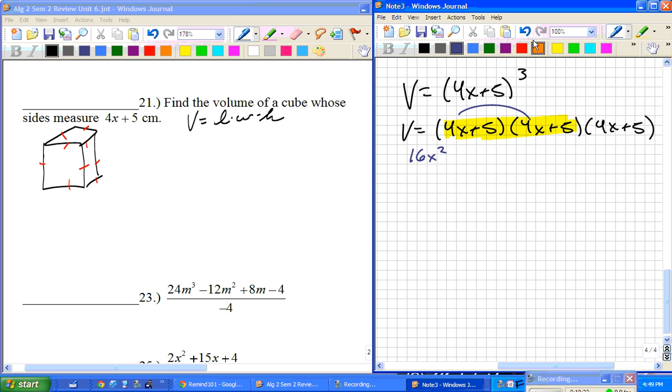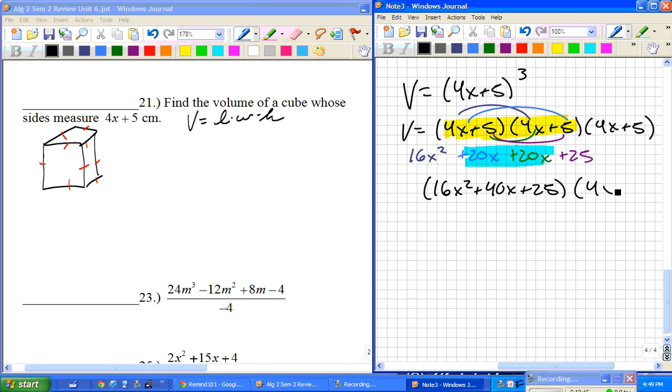We get 16x squared plus 20x plus 20x plus 25. We're going to go ahead and combine our like terms, and we get 16x squared plus 40x plus 25, and then we still have to multiply it by the 4x plus 5.